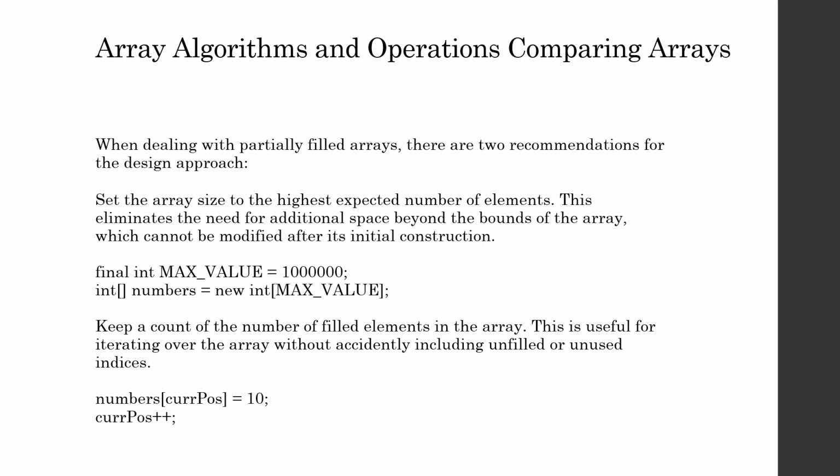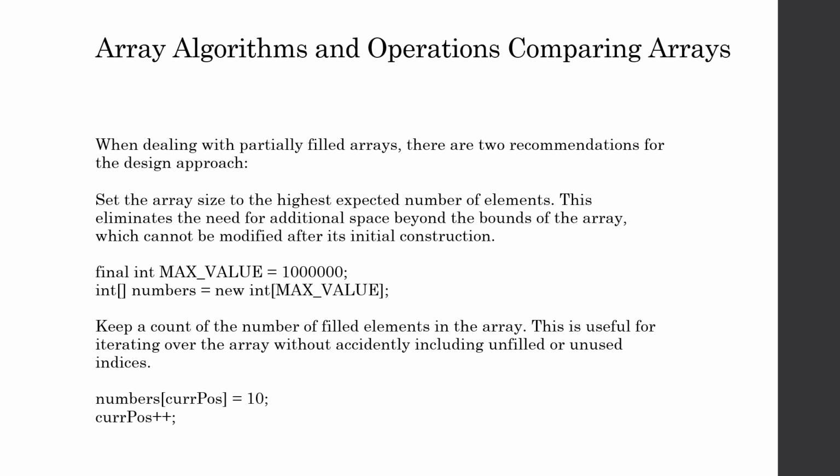So we need a very effective way to deal with partially filled arrays. There are 2 recommendations for the design approach. One of those is to set the array size to the highest expected number of elements. This eliminates the need for additional space beyond the bounds of the array, which cannot be modified after its initial construction.